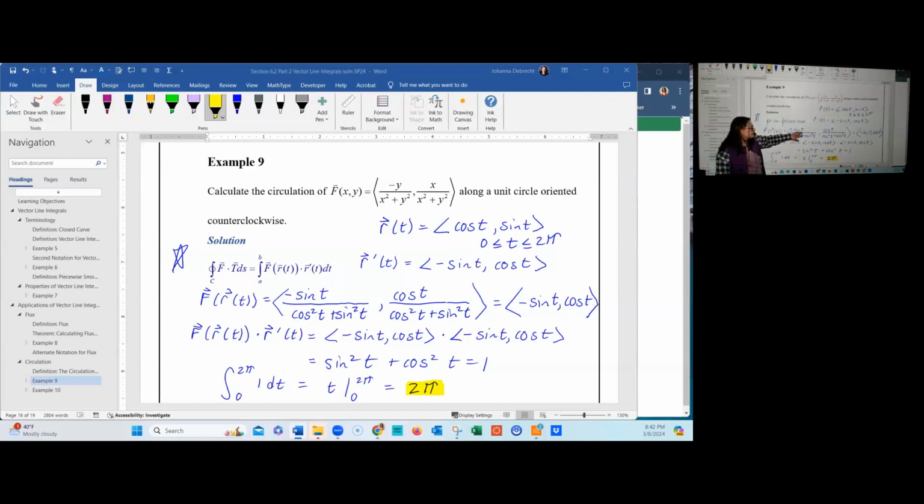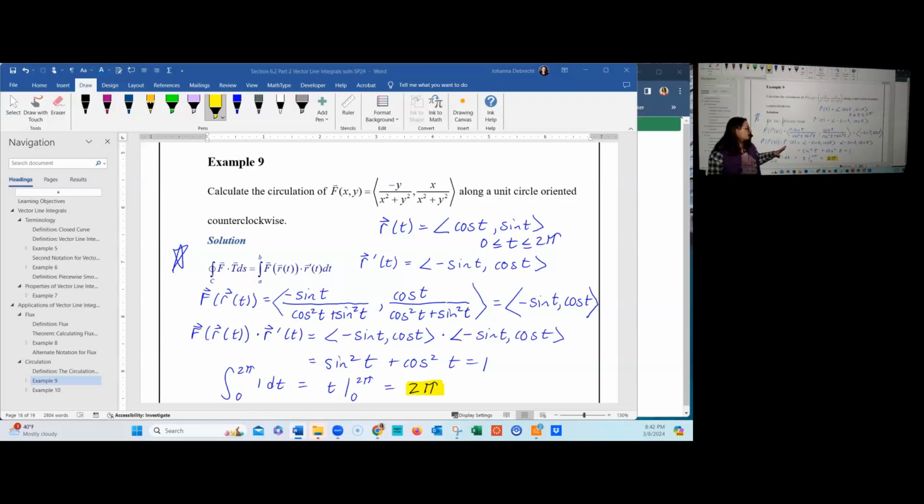This gives me negative sine t over cosine squared t plus sine squared t, which becomes 1, giving me negative sine t for the first component. The second component gives me cosine t over cosine squared t plus sine squared t, which again is 1 by the Pythagorean identity, and the second component becomes cosine of t.